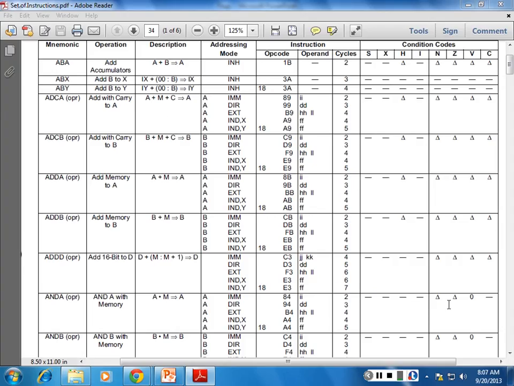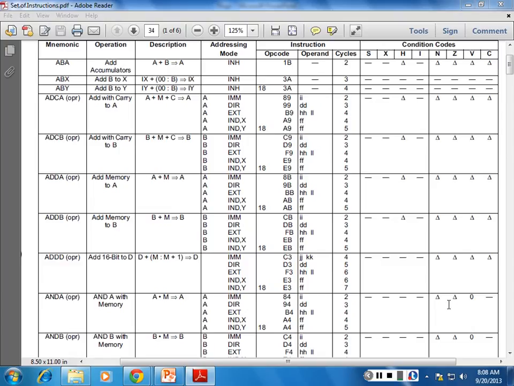Okay, and one more thing from the set of instructions. If you look at the set of instructions, at the very right side there is a column titled condition codes. Do you see it? Under the condition codes, you have all these flags written. Especially we want to see the NZVC flags, because those are the flags we know right now.